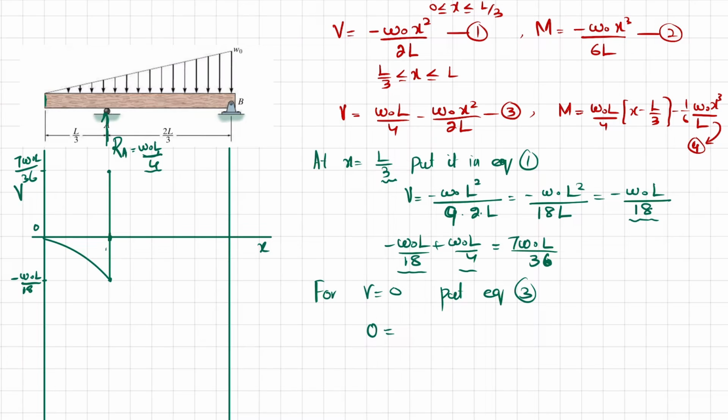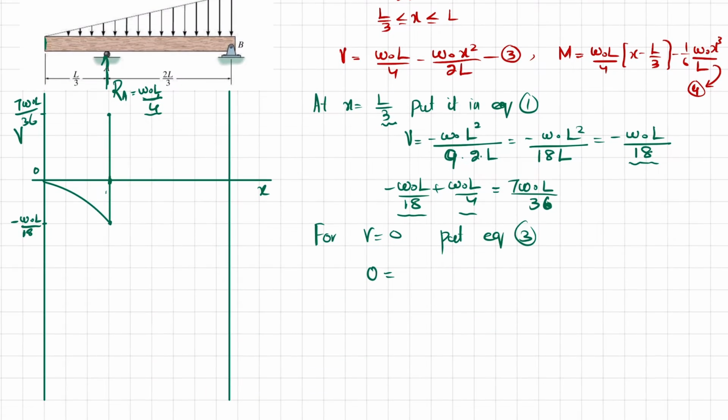So 0 is equal to W naught L over 4 minus W naught x square over 2L. From here you will get x square is equal to L square over 2, and upon further simplification it will be equal to L over under root 2, and that will give you 0.707 L.